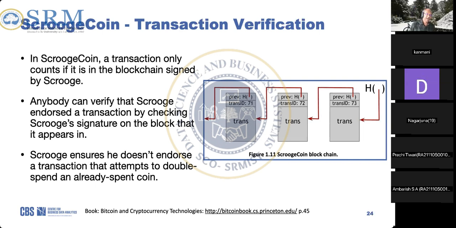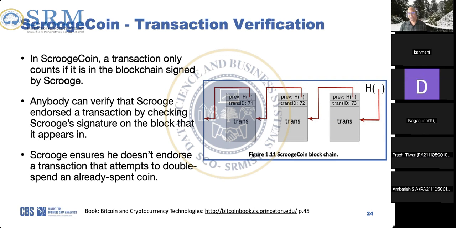Okay, so let's see how the transactions are verified, and whether we are able to avoid the problem of double spending or not. In Scrooge coin, in this design, a transaction is only valid if it is in the blockchain signed by Scrooge. We know that Scrooge is the one keeping track of the transactions, and the way to verify a transaction is to see whether it exists in the chain of blocks.